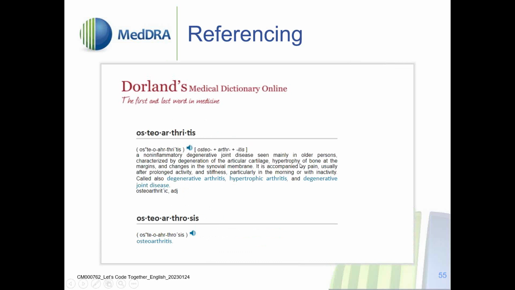It also includes hypertrophy of the bone, so it's not only affecting the joint, but also the margins of the bone. The symptoms are pain, usually after prolonged activity, and stiffness, particularly in the morning, we had that before, or with inactivity. And osteoarthrosis is considered a synonym for osteoarthritis, in line with what we saw before.